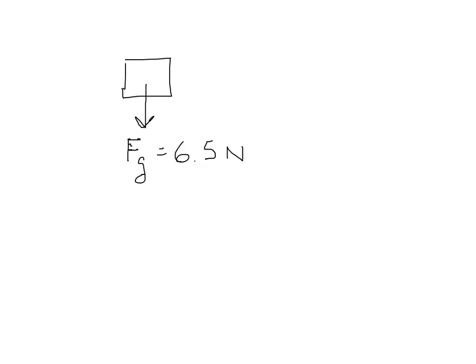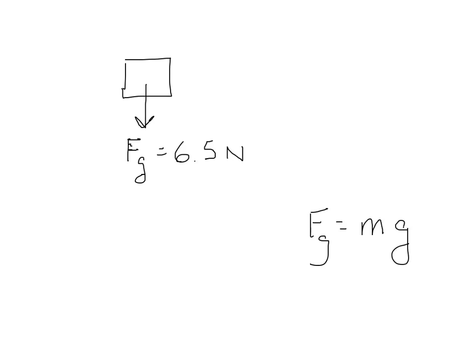The way I found that was I took the mass, which you would maybe notice is also written on the block, about 661 grams. I converted those grams to kilograms, and then I used this key relationship, one of what I call the key 3, to figure out what the force of gravity, or the weight of the object, is.